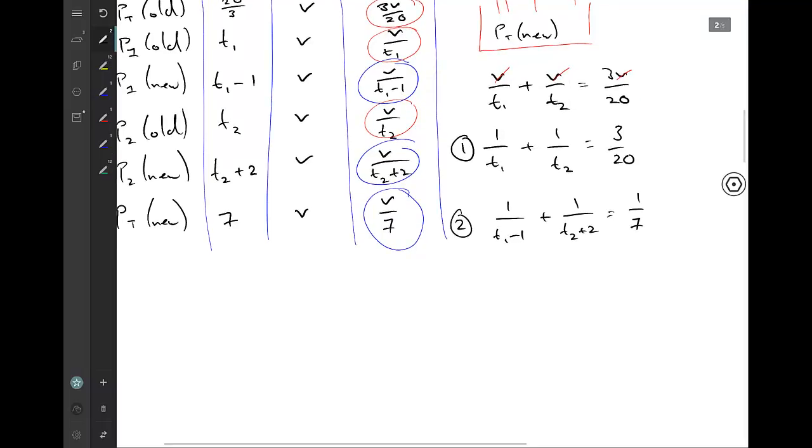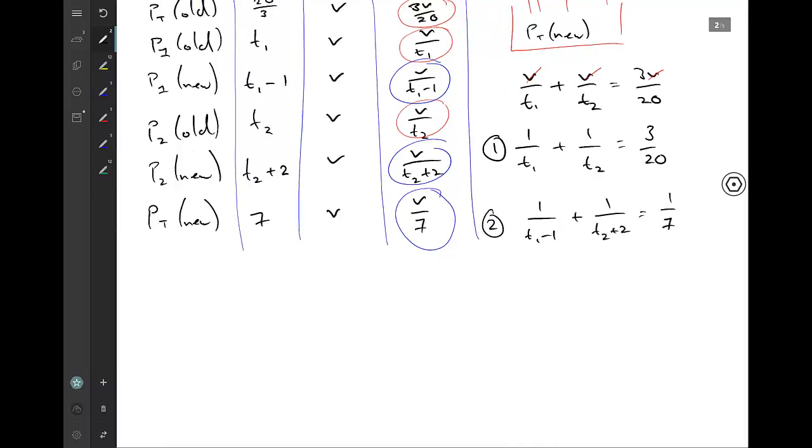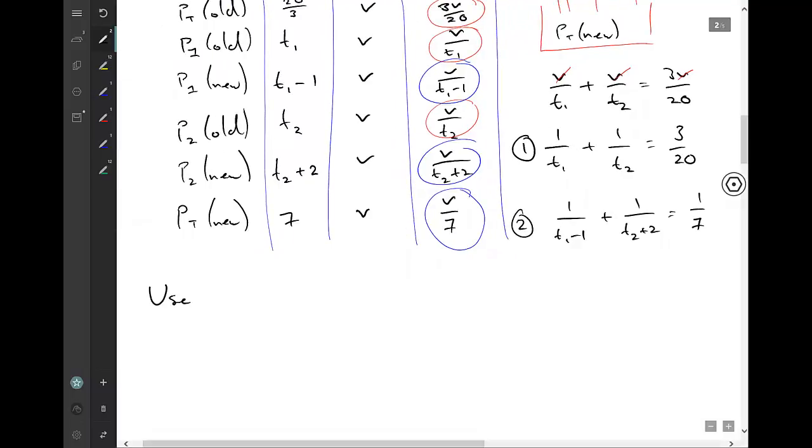To do this by elimination is going to be a bit tough, so I'm going to use substitution. To use substitution, I have to rearrange one of these equations to get the variable on its own. So we'll start with 1.